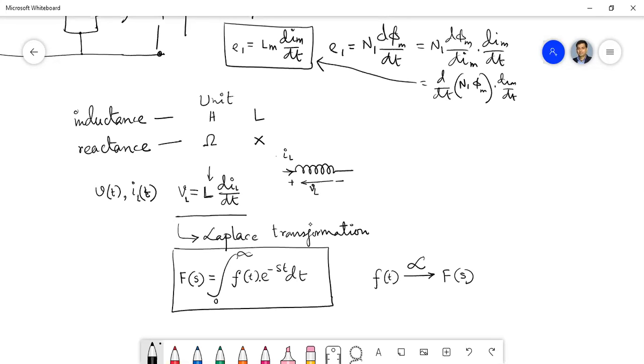That's all a Laplace transformation does. Now s is a complex variable. Time is a real variable, but s is a complex variable. Generally we call it complex frequency, and therefore the unit we mentioned here is radian per second. So both the values sigma and j omega are in radian per second.